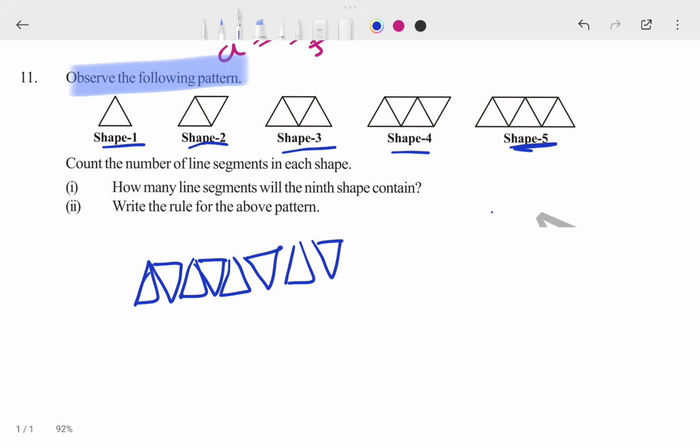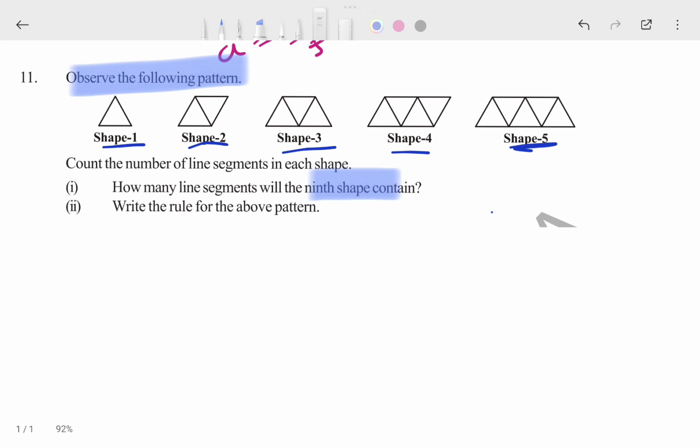The question is telling us: how many line segments will be contained in the ninth shape? So we have to create the ninth shape. How will we create it? Let me tell you. This is the first shape, this is your second shape.